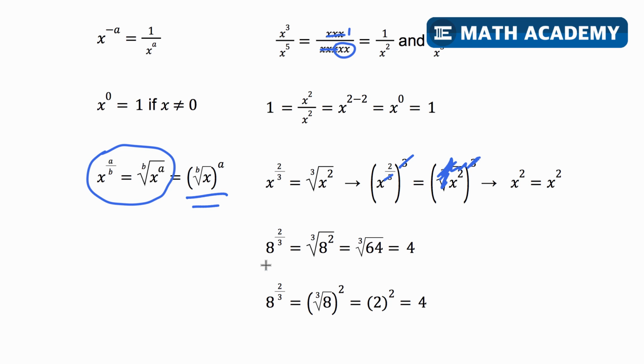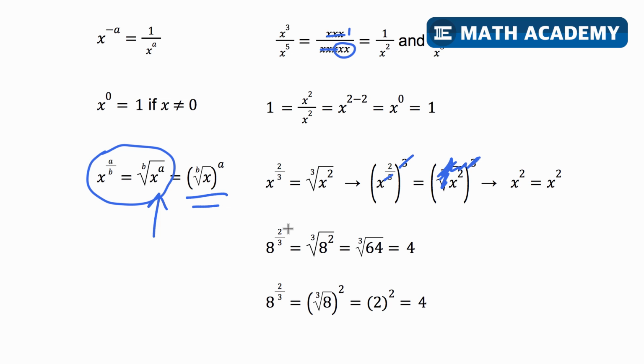Here's an example with numbers that shows that's the case. Let's say we have 8 to the 2/3. That'd be equal to the third root of 8 squared. That's using this part here first. Well, that's going to be the third root of 8 squared, which is 64. The third root of 64, what times itself 3 times is 64? That would be 4.